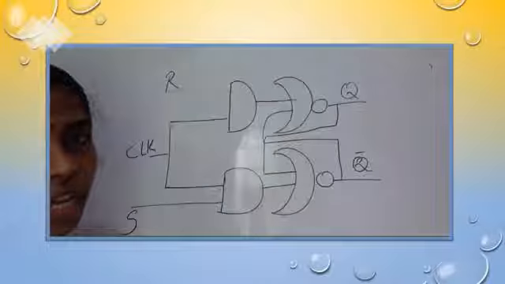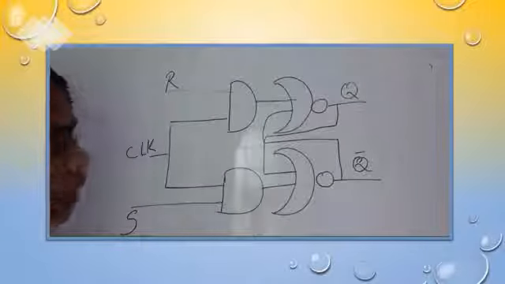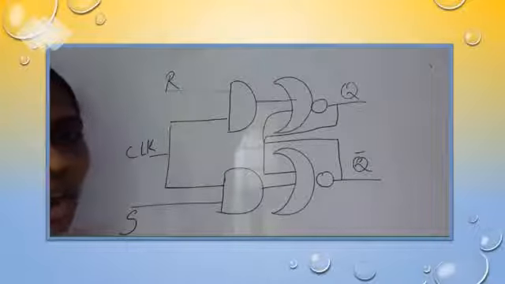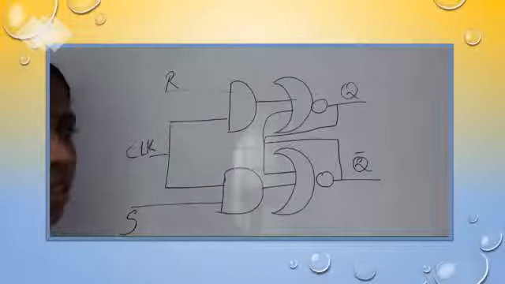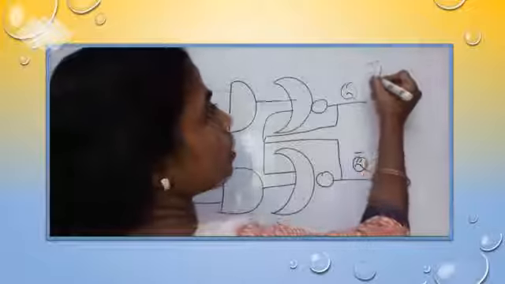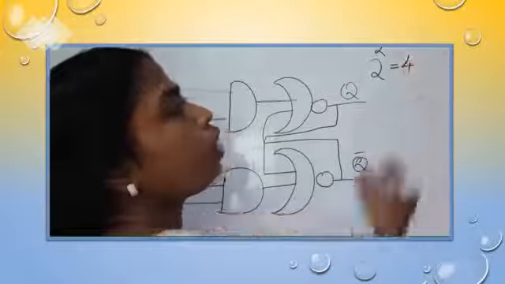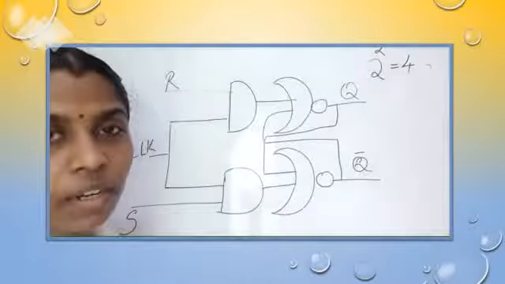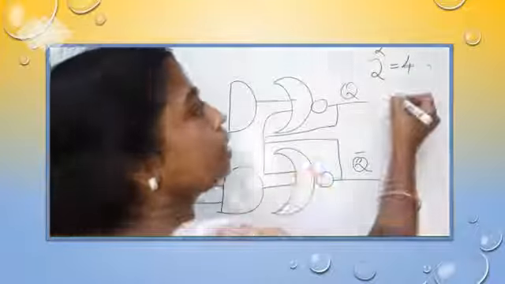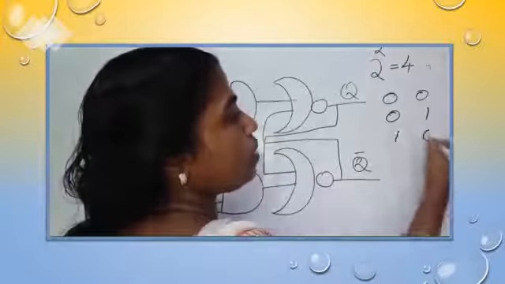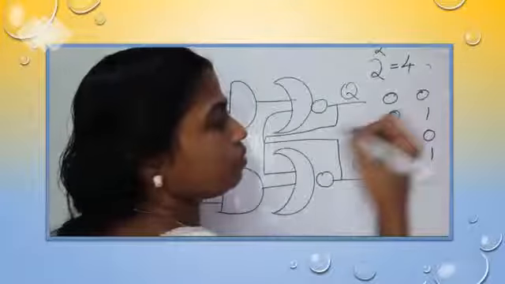The SR flip-flop has two inputs. What are they? S and R. If there are two inputs, how many combinations will there be? That is 2 to the power of 2, equal to 4. Four combinations will be there. What are they? 0 0, 0 1, 1 0, and 1 1.